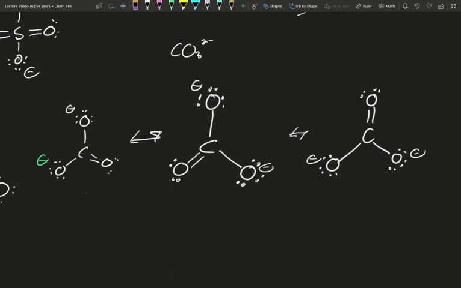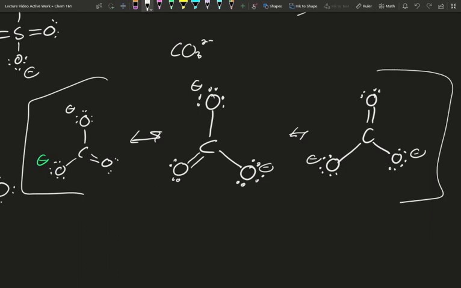The real structure of carbonate is actually the hybrid of all of these. If you can go and measure, and you could look and you could say, hey, what's the distance between this oxygen and this carbon, and this carbon and this oxygen? Well, a double bond is shorter than a single bond.